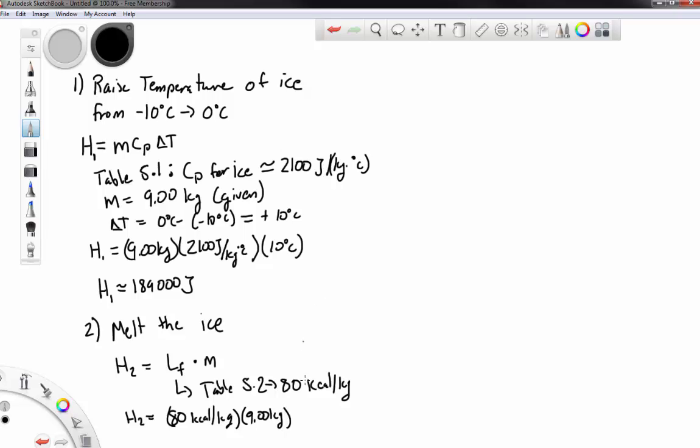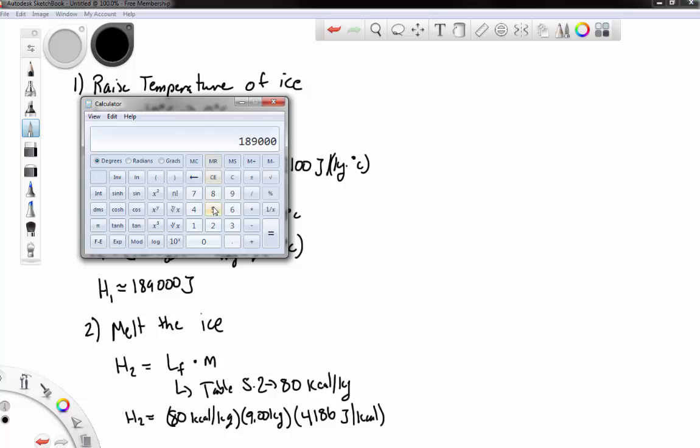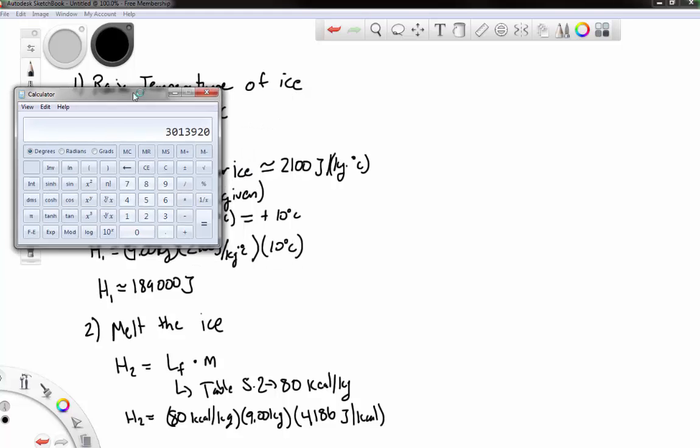Times, might as well make the conversion factor to joules in here. So times 4,186 joules per kilocalorie. So what we have here is 80 times 9 times 4186. So this looks like 3,013,920.